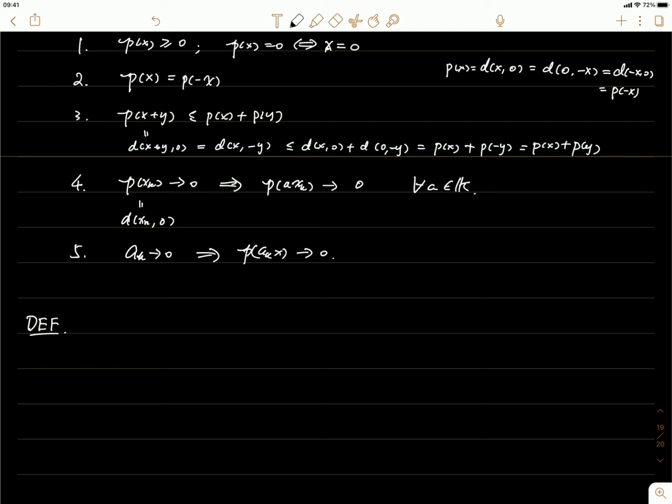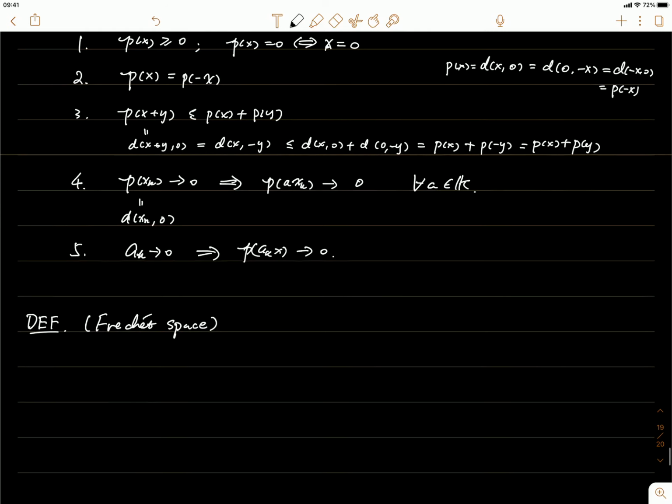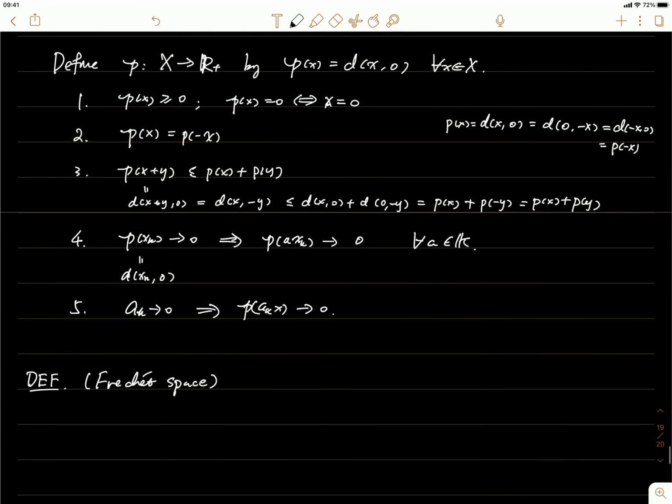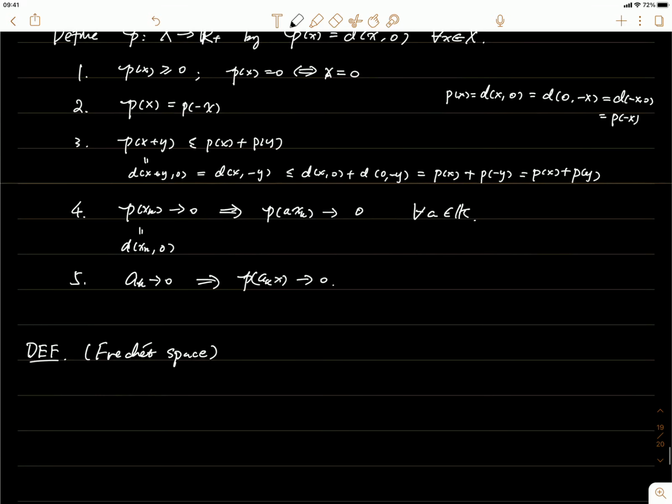Now, the Frechet space. We're not going to use this a lot, but just as a reference, when we have a linear space and we have a function p defined as above, then we call this a linear F space, or in general, it should be F space. And only when X is complete, then we say this space is a Frechet space.